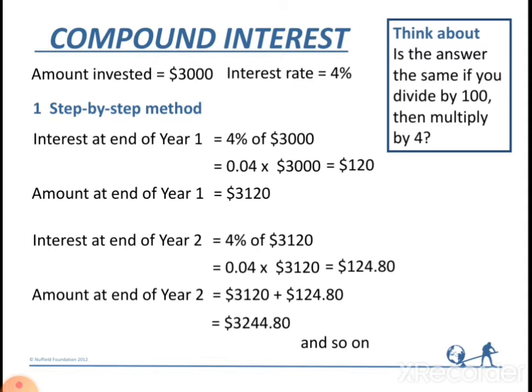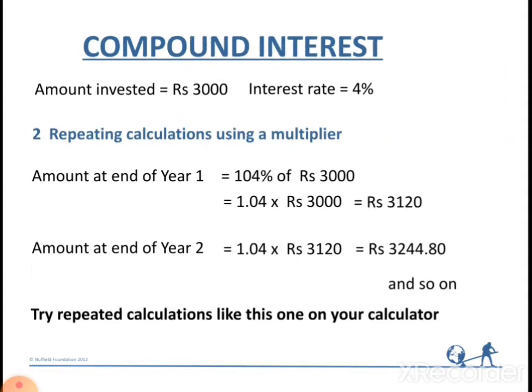So the next year, if we calculate both years, the first year answer is 3120 and the second is 124.80. So the answer will be 3244.80 and so on.